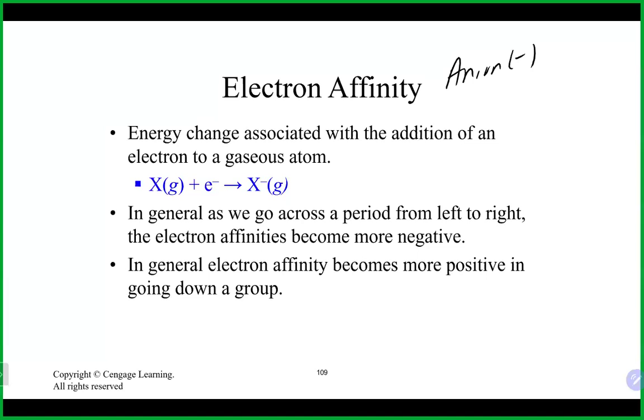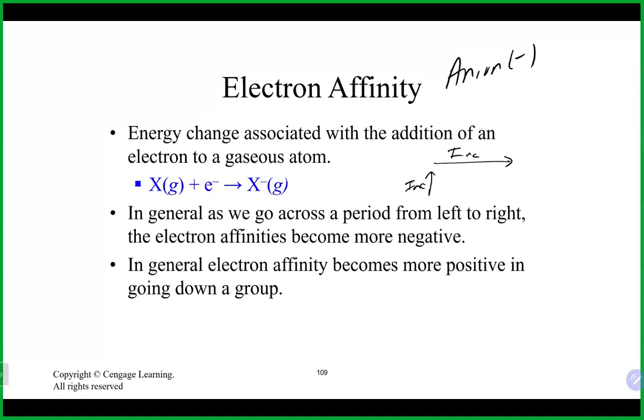In general, the trend is it does increase as you go to the right on the periodic table and up. So it increases both ways. It is not necessarily a perfect trend, but that is the general trend that you see. It increases as you go up and to the right on the periodic table.